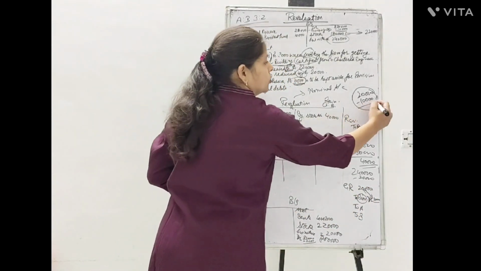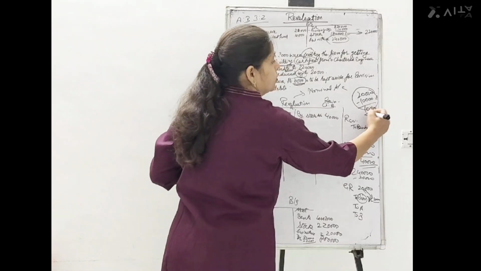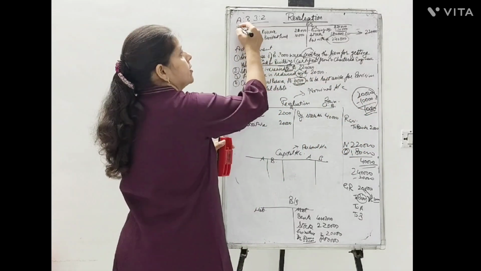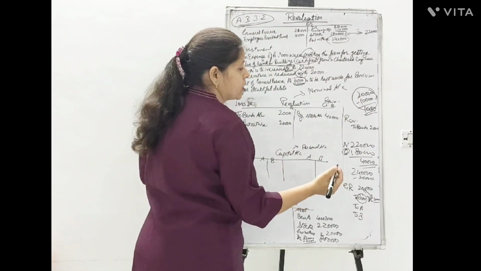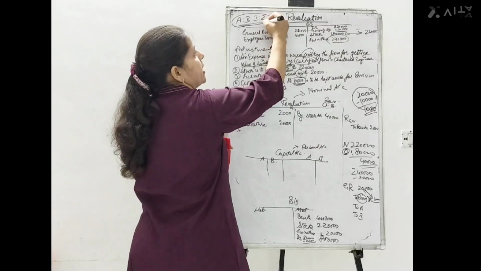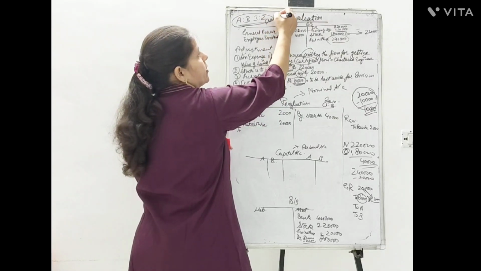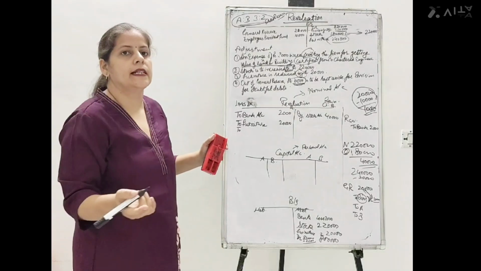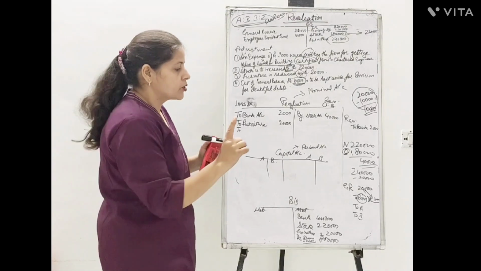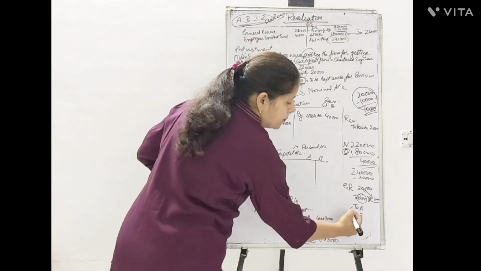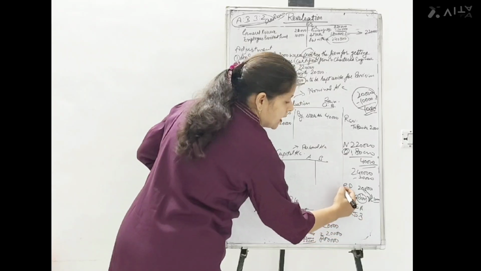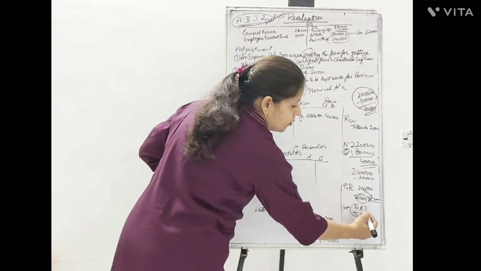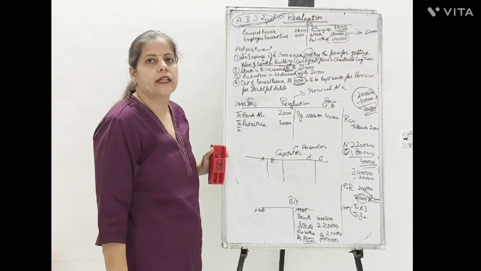Now this 10,000 belongs to the old partners in their old profit sharing ratio as a free reserve. Whatever is left after meeting any loss or liability is your free reserve. So here free reserve is rupees 10,000.